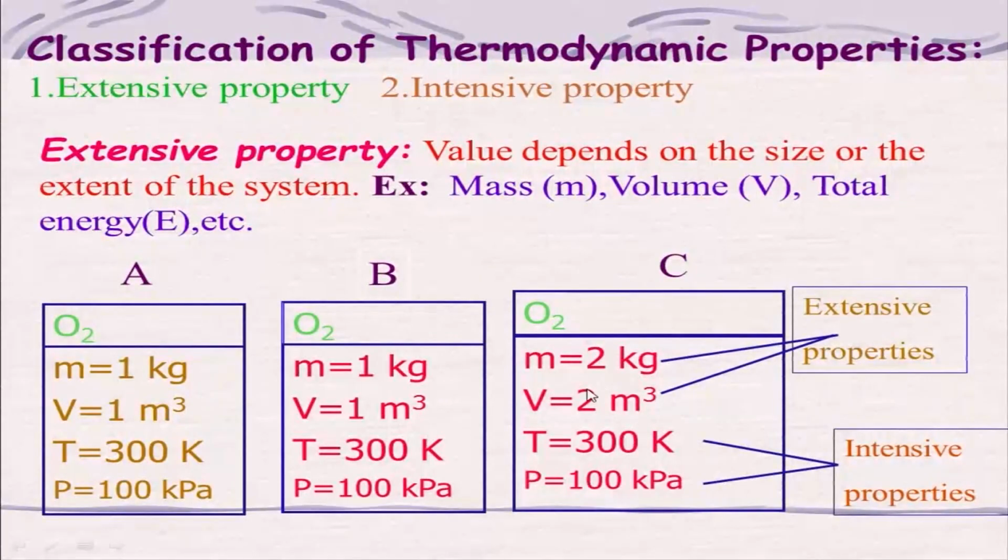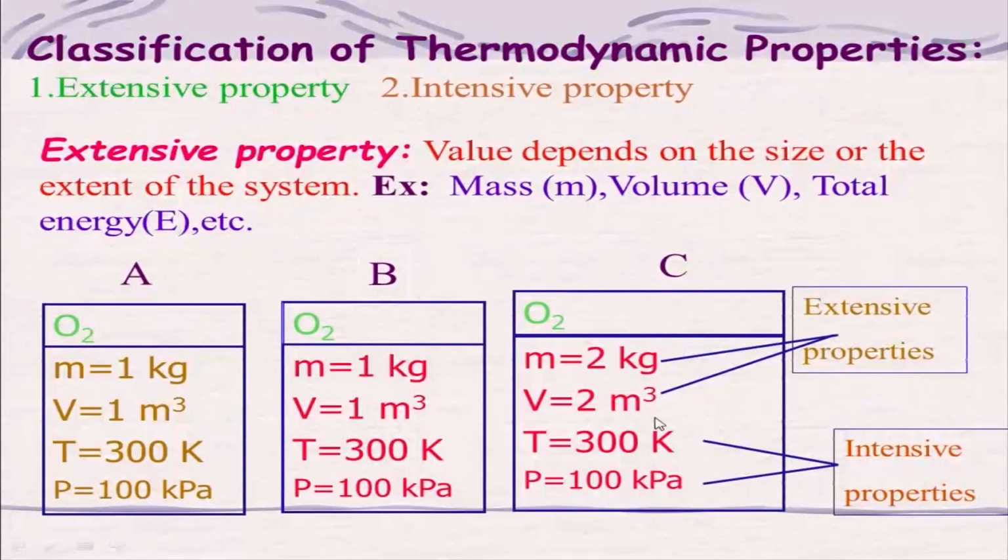The properties which change with the addition of these 2 cylinders are extensive properties, and the properties which won't change even if you add them are known as intensive properties.